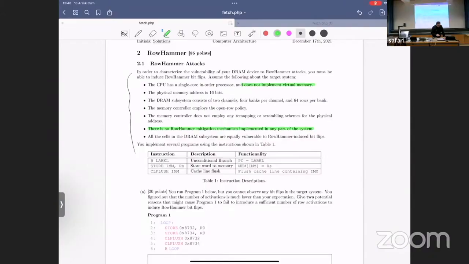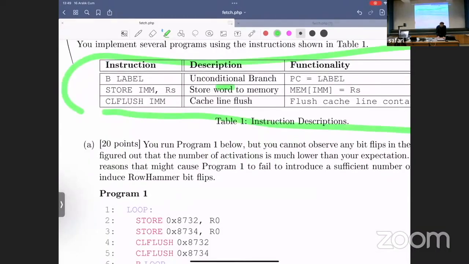There is some other information we can refer back to when it's needed. And you can see some definitions of some instructions here. But these are self-explanatory. Basically, there's an unconditional branch, there's store, there's CLFLUSH, very straightforward. If you look at this first program here, okay, you cannot see that. Maybe I can zoom in a little bit more.